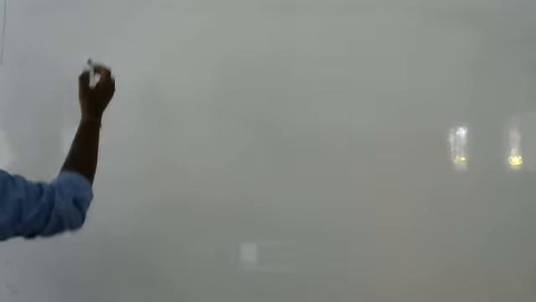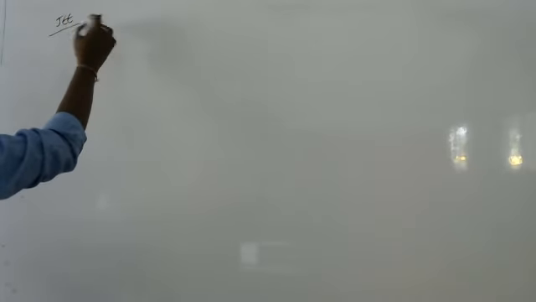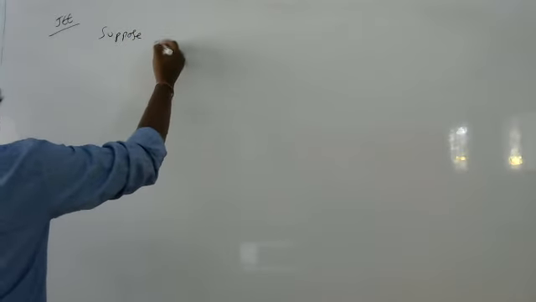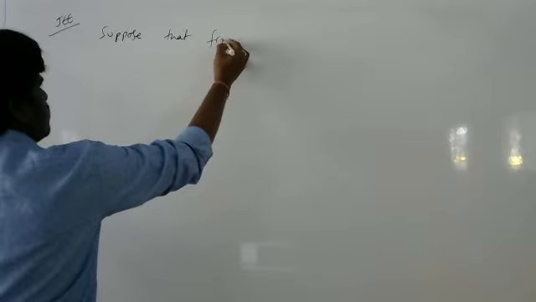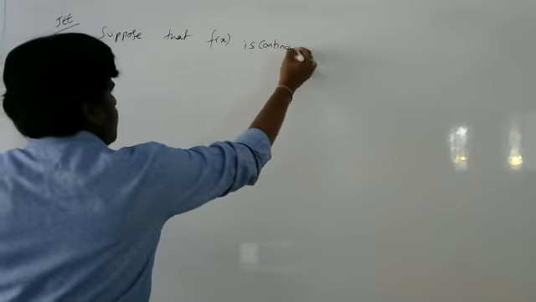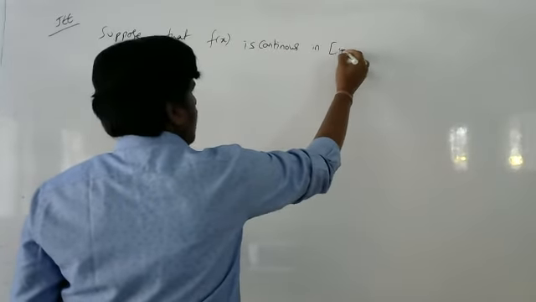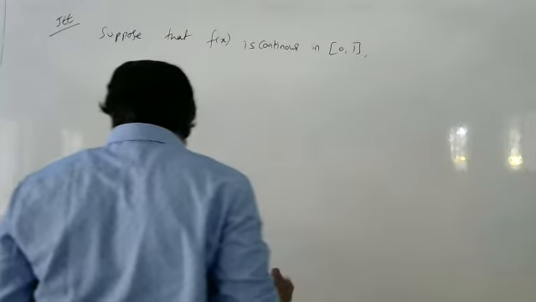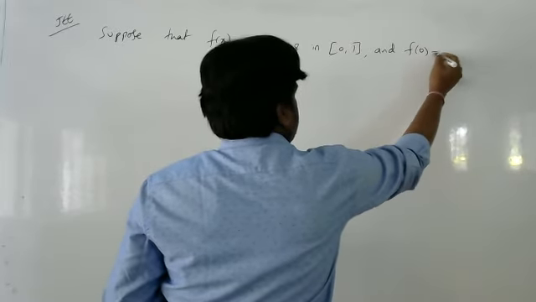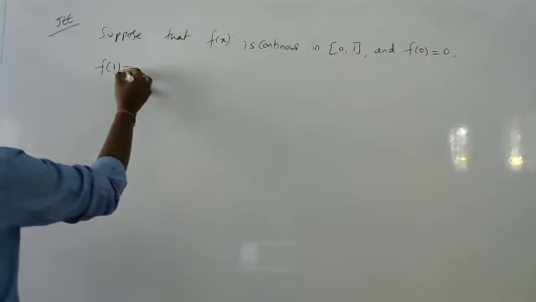Next one. Suppose this is a previous year JEE question. Suppose that f of x is continuous in the interval 0 comma 1, and f of 0 is equal to 0, f of 1 is equal to 0.